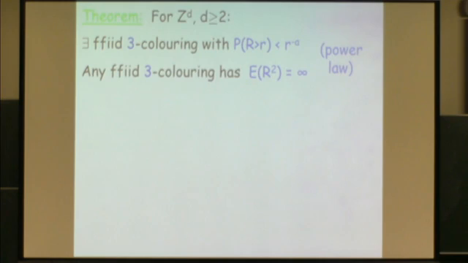So there exists an FFIID 3-colouring, but with not as good decay: power law tail decay on the coding radius. And actually you're not going to beat that, because any FFIID 3-colouring has infinite second moment of R. So with 3 colours, the answer is you can do a power law, but no better.